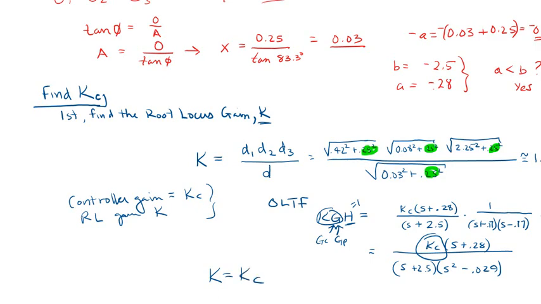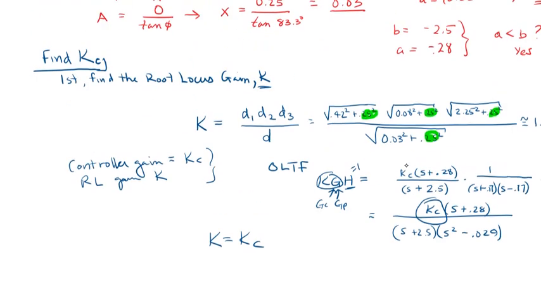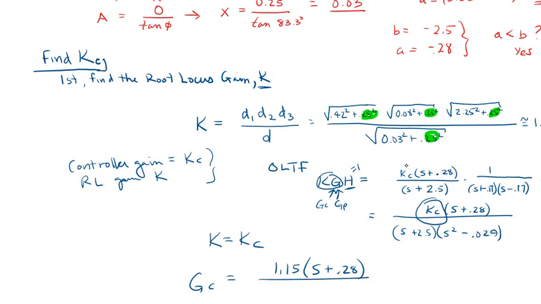So now we have the controller gain, and it's going to be 1.15. So the total value, or the total G sub C, is going to be 1.15 times S plus 0.28 over S plus 2.5. And that's our controller.